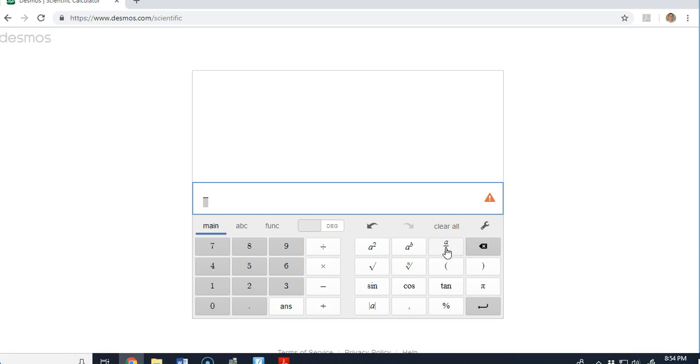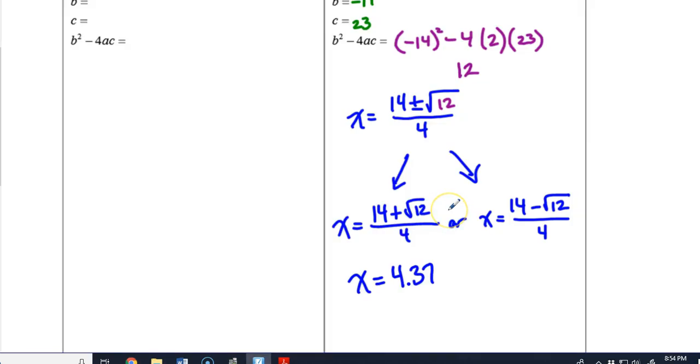You're going to put in your 1, we're doing the minus 1, minus the square root of 12. Use your down arrow over 4. And there's your answer, 2.63. So no excuse if you don't have a graphing calculator. You definitely are internet connected or you wouldn't be watching me right now. So you have access to Desmos.